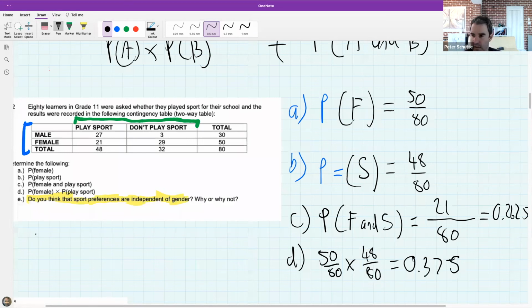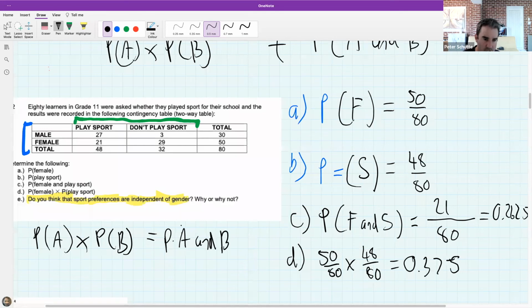So I'm still waiting for some people to commit. Even if you get it wrong, it's important that you commit. So far, Ntokozo was the only person who's committing. Now, when we check for independence, we basically are checking for this rule, except the A and B are just like placeholders, right?